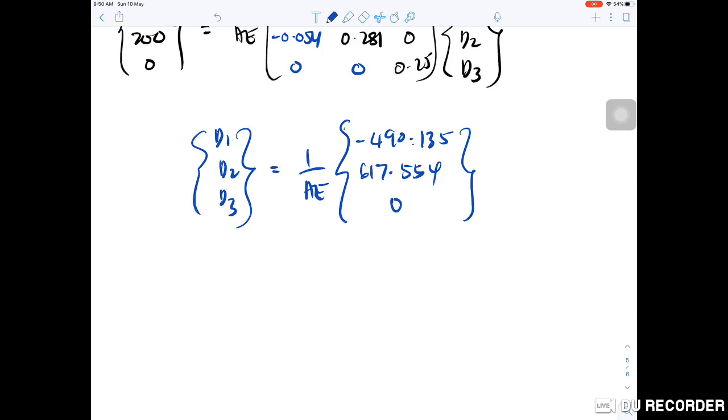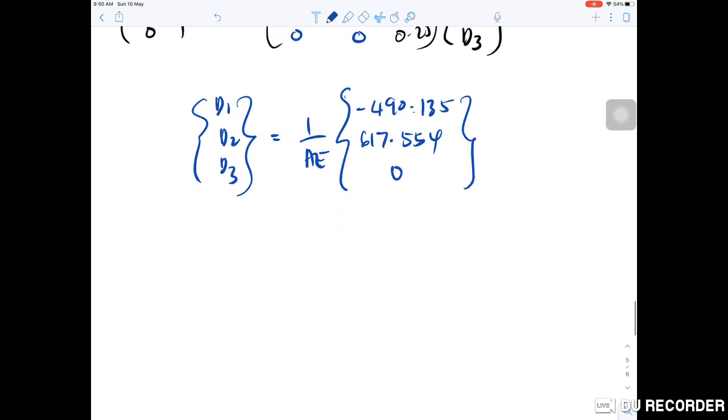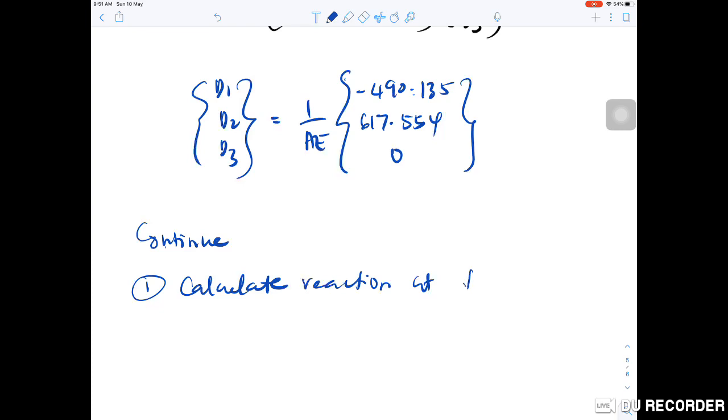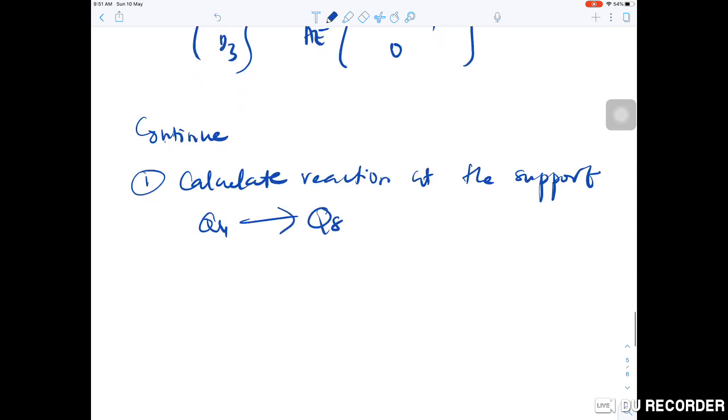we can continue to calculate the reaction at the support. The reactions at the support are Q4 until Q8, which we can calculate using matrix multiplication.